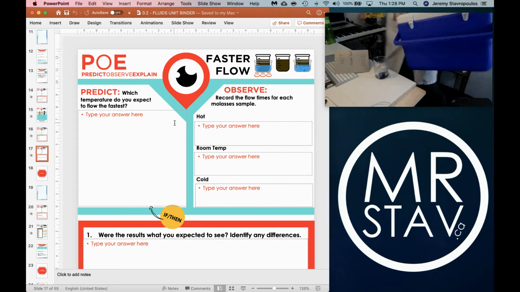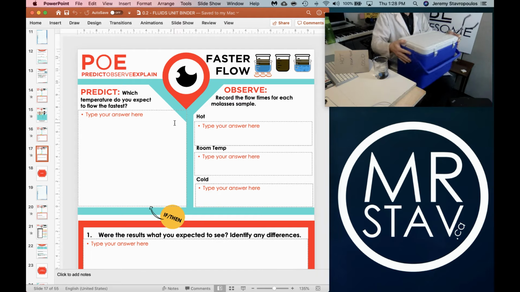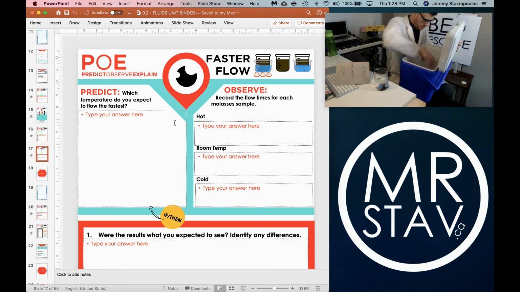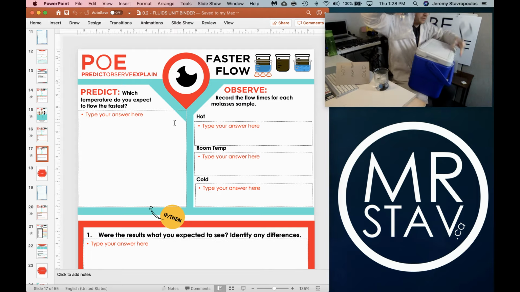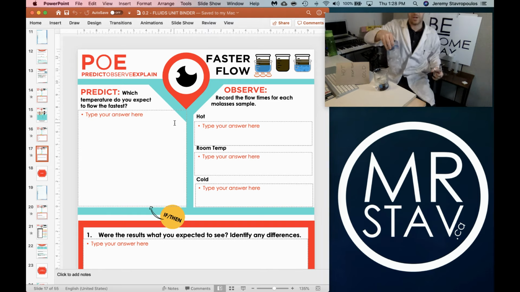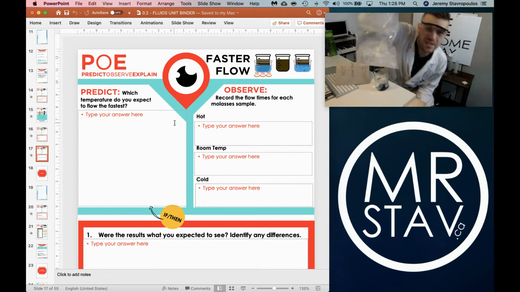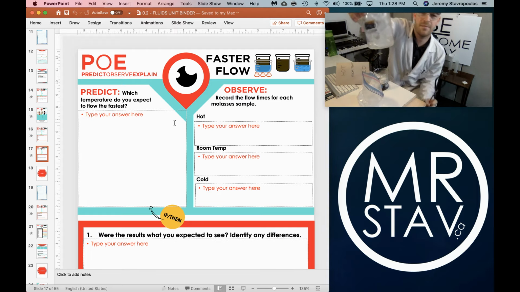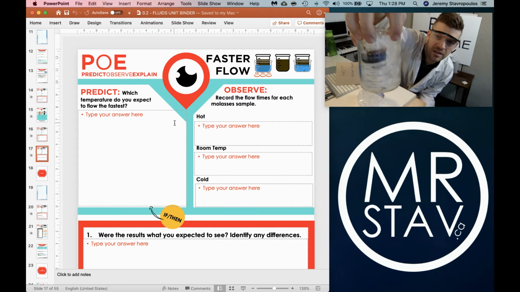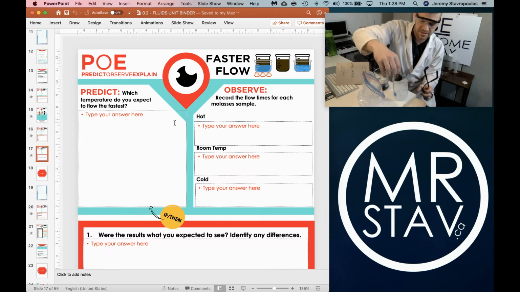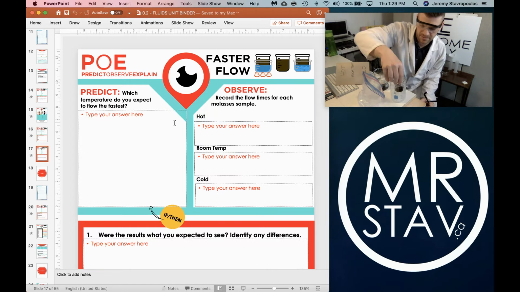Now for the cold, we're going to get out my cooler. What you're seeing here is a bag of ice. In that bag of ice is a large beaker, 300 milliliter, full of ice, and inside of that is this molasses.